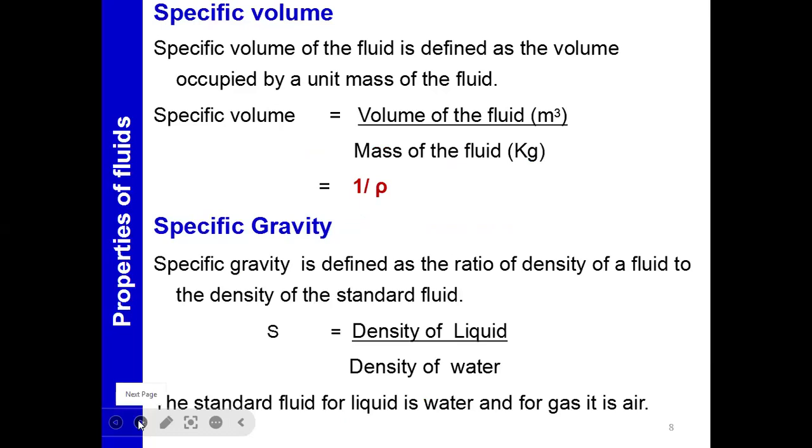Specific volume equals the volume of the fluid divided by the mass of the fluid, so for a mass of 1 kg it equals 1 over rho, where rho is the density. Specific gravity can also be defined by a ratio. The standard fluid for liquids is water and for gases is air. You have to remember this.